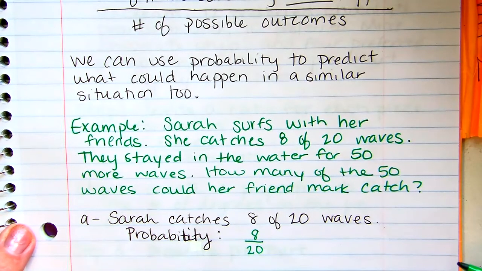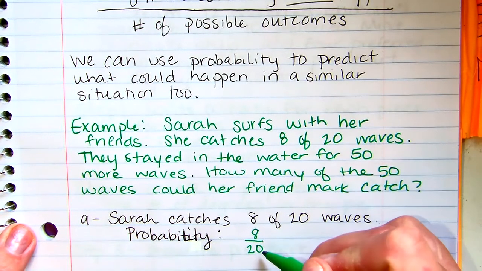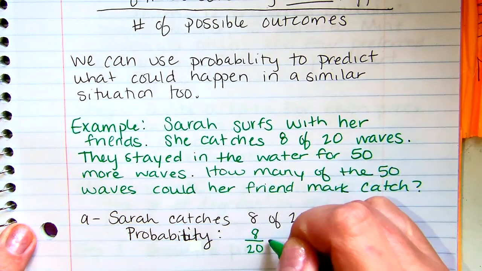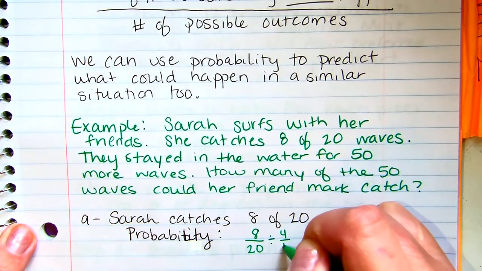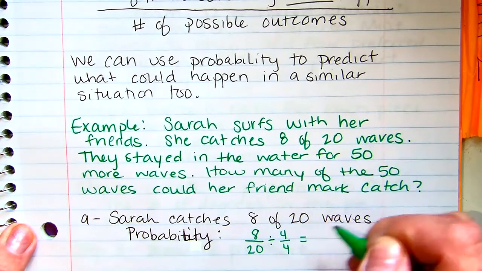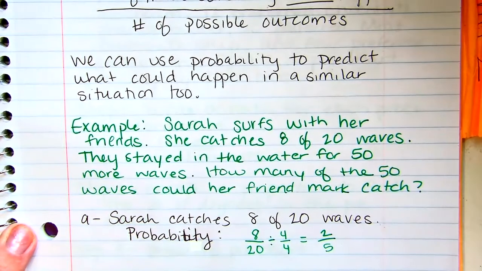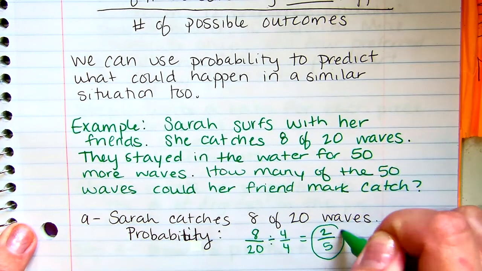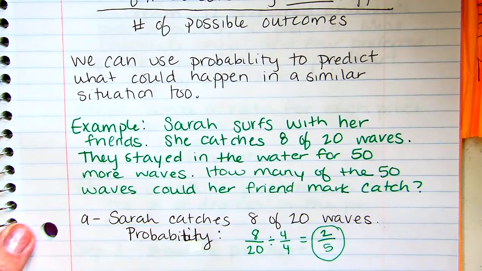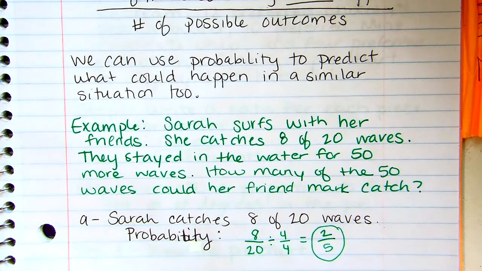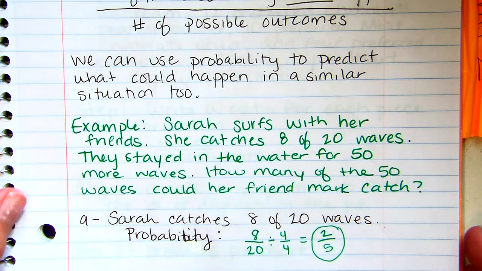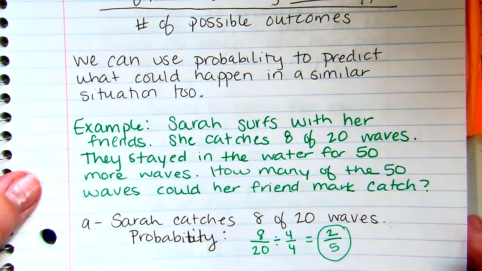A number that can go into both 8 and 20 is 4, so I'm going to divide each one of these by 4. 8 divided by 4 is 2, and 20 divided by 4 is 5. So the probability of Sarah catching a wave is 2 waves out of every 5. That's how we could say that. Now, we're going to use this information to help us figure out how many waves her friend Mark could catch. Once again, we're assuming that Mark caught the same number of waves as Sarah.